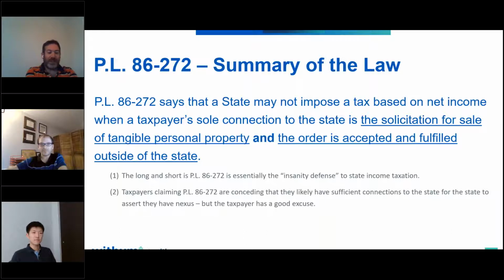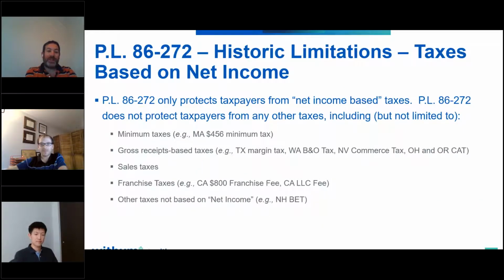So moving on, let's start getting into the history here: historic limitations on 86272. Again, 86272 only applies to taxes based on net income. So just because you're protected under 86272, you're not protected from minimum taxes, for example the Massachusetts $456 minimum tax.